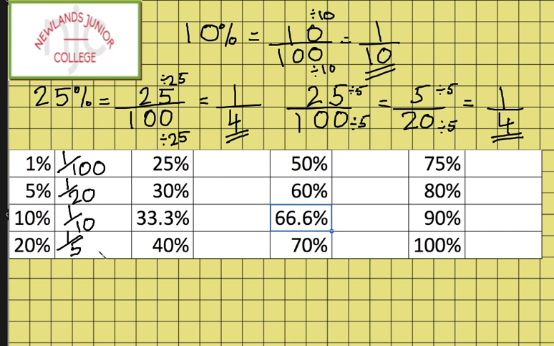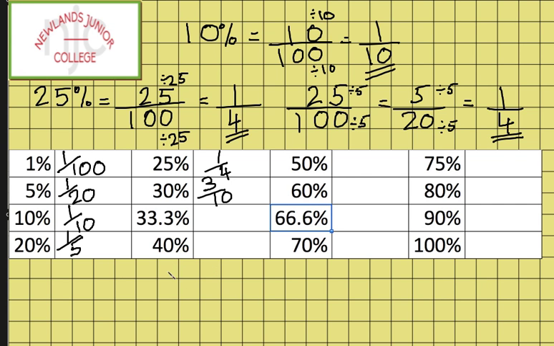25%. You see that one a lot, that's a quarter. 30%, well that becomes 3 over 10. 33 and a third and 66 and 2/3 we'll come back to. 40%, well that would start off as 40.